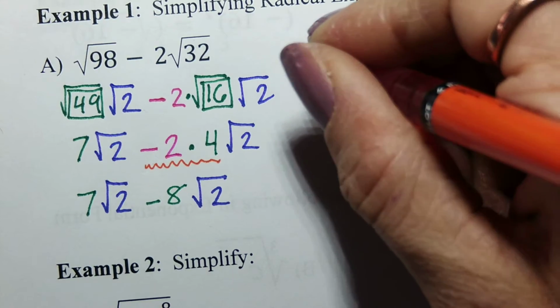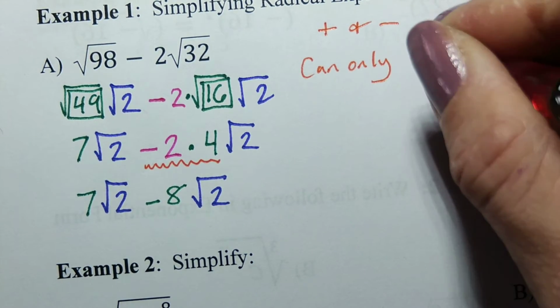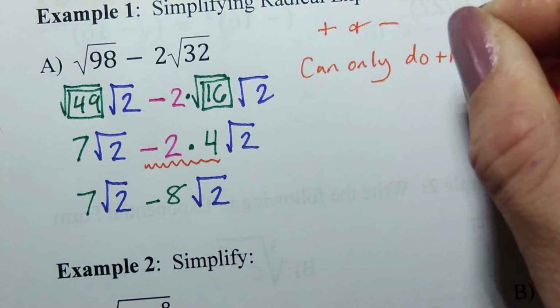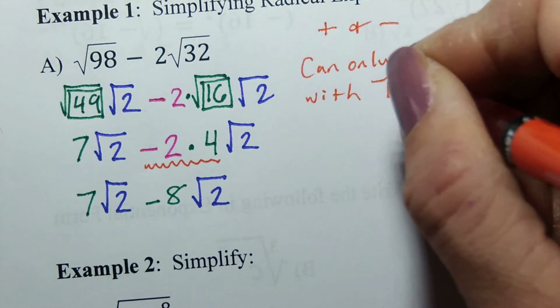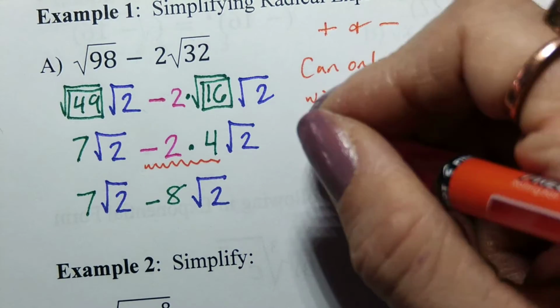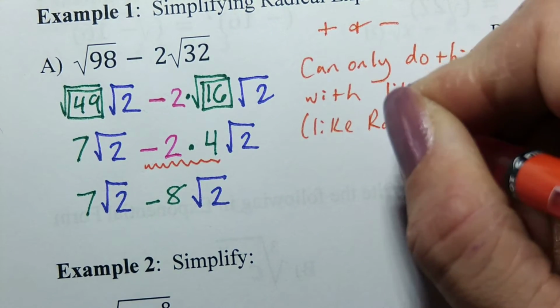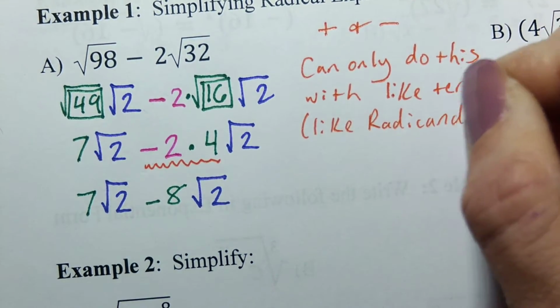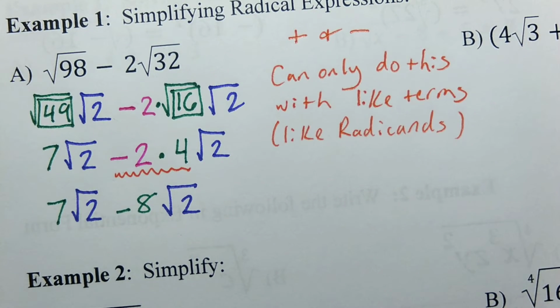We can only do this with like terms, which means like radicands. Say it with me, radicand. Like radicands. Can only add or subtract with like terms, which are like radicands.